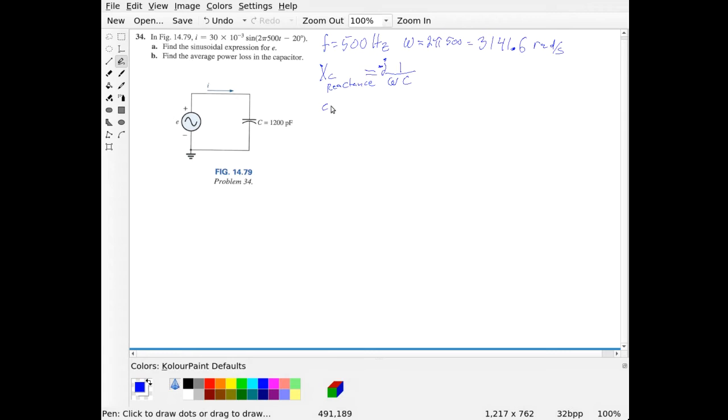So in a capacitor, the reactance in a capacitor decreases as the frequency increases. So it's an inverse relationship.